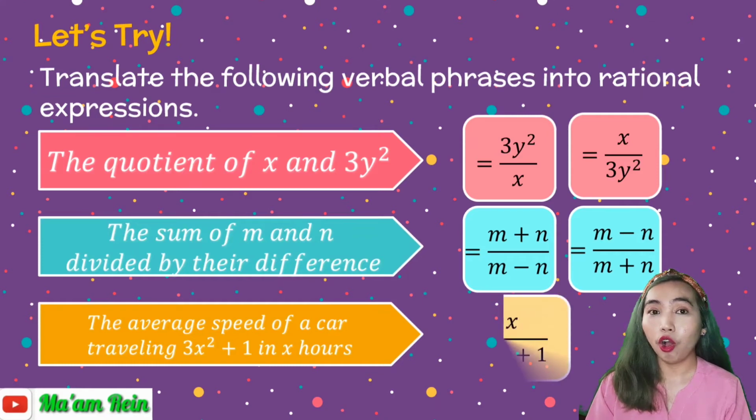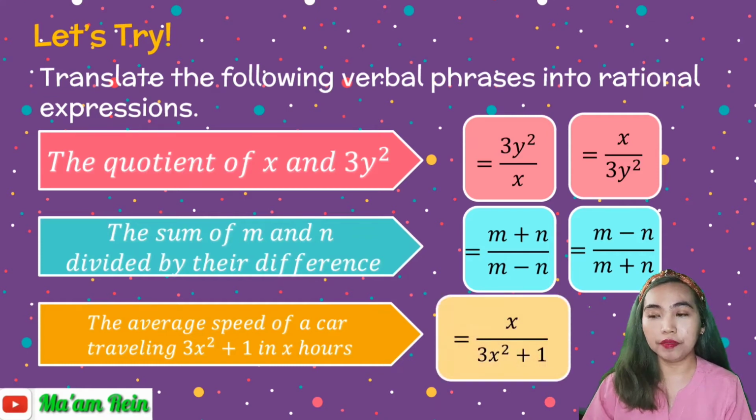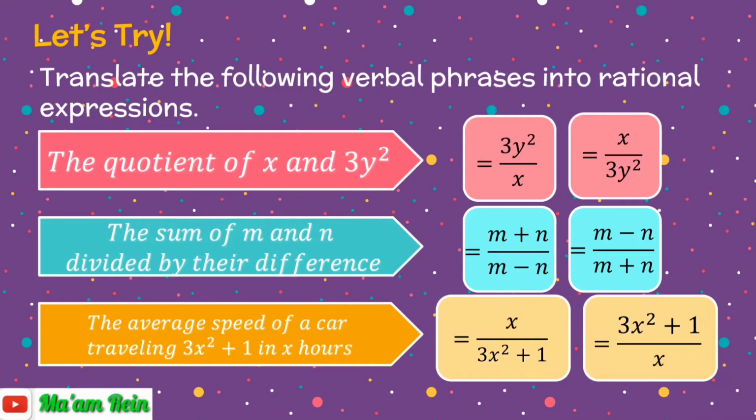Is it x over 3x squared plus 1 or 3x squared plus 1 over x? Okay, correct. That is 3x squared plus 1 over x. Because x is time and 3x squared plus 1 is the distance.